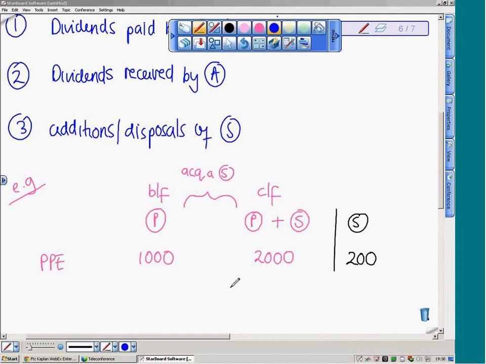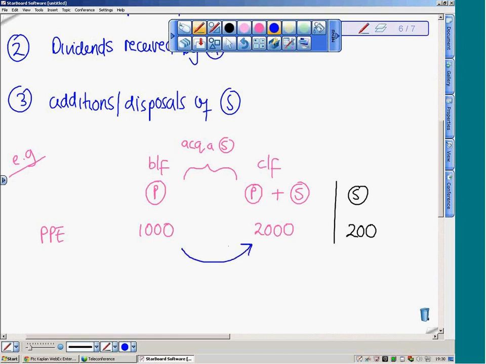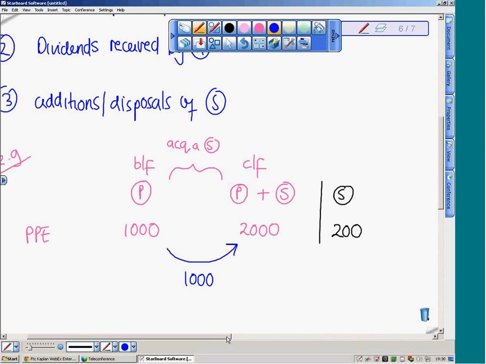Now look at these numbers in isolation, the 1,000 against the 2,000. You would think that the 1,000 is additions to PPE that you made during the year. So let's imagine in the absence of anything else, that £1,000, you would assume it is the additions during the year, a cash outflow for that matter. However, it's not really £1,000. Because if you look at the subsidiary, we started consolidating at our year end and we started introducing the subsidiary numbers.